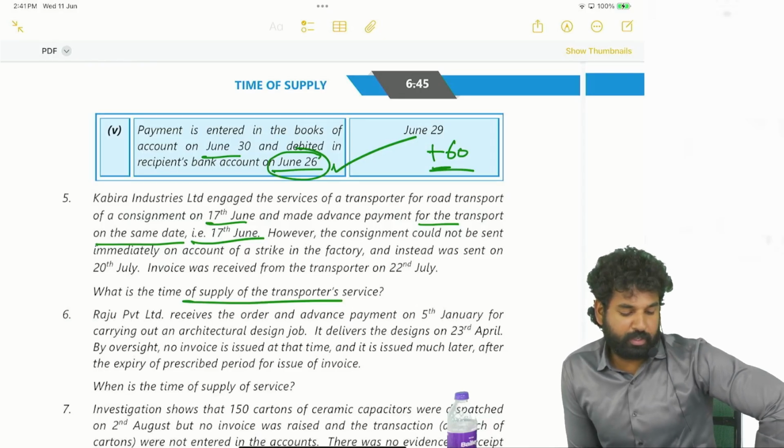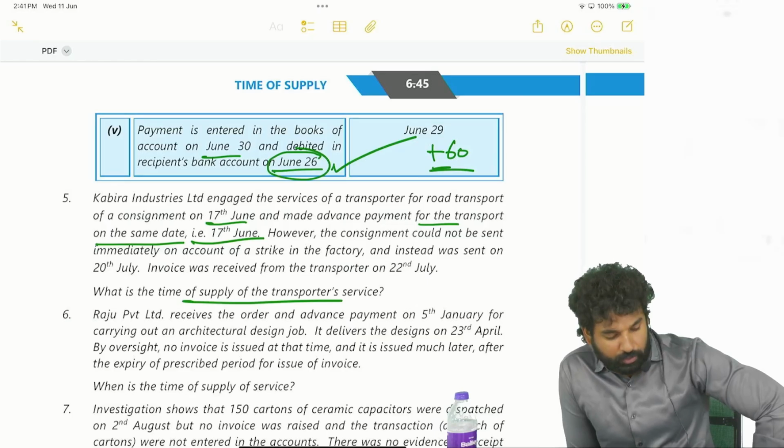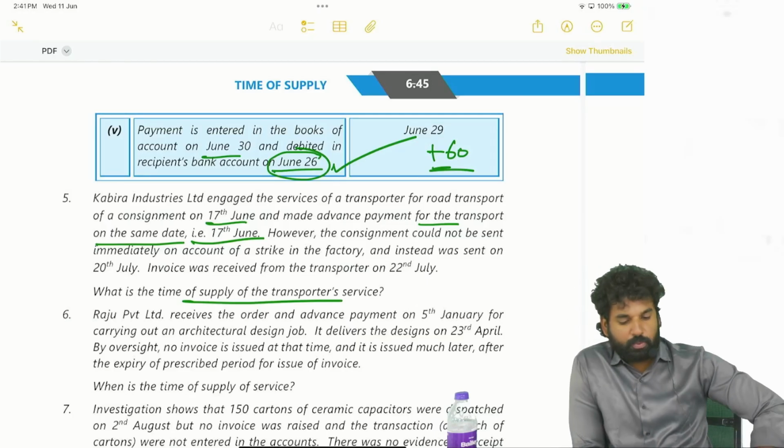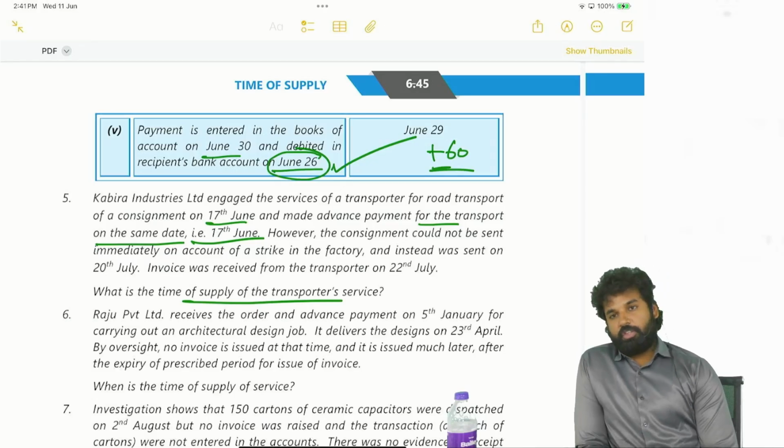Kabira Industries Limited engaged the services of a transporter for road transport of a consignment on 17th June and made advance payment for transportation on the same day, that is 17th June. However, consignment could not be sent immediately on account of strike in the factory and instead was sent on 20th July. Invoice was received from the transporter on 22nd July. Time of supply: forward charge or reverse charge?